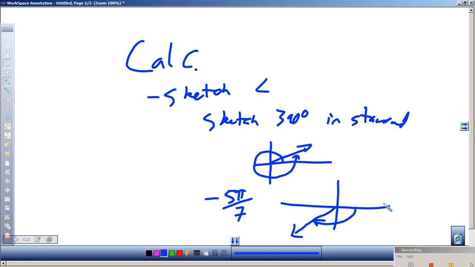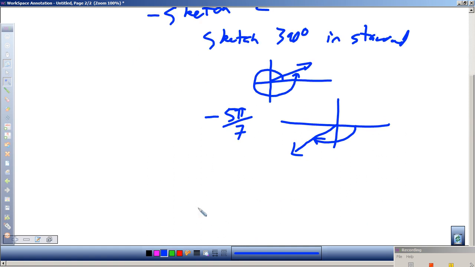Okay, because it's less than pi, more than pi half, and it's negative, so it's going downward. So, what is it? It would be somewhere towards the middle, between pi half and pi. And also maybe converting, so sketch an angle or convert from radians to degrees.